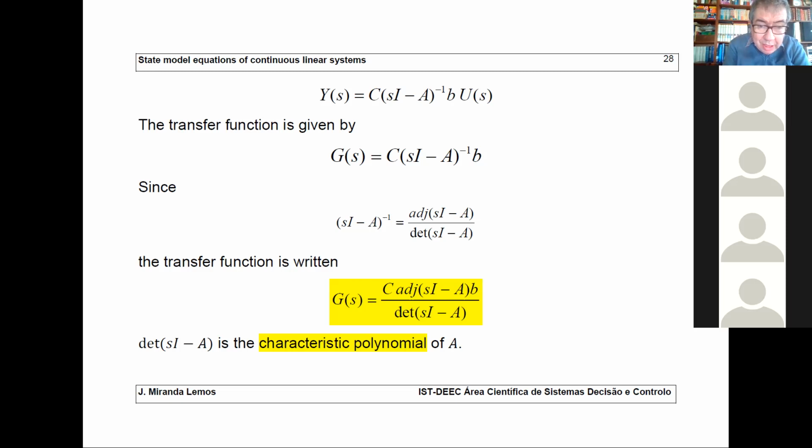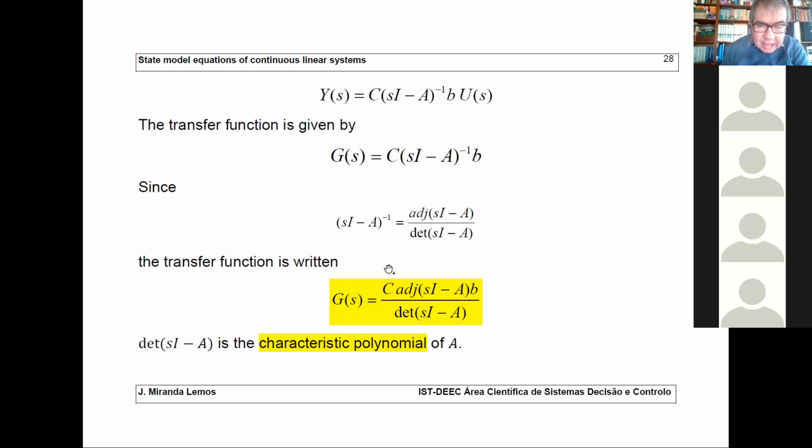Now, what we are seeing is very interesting. The poles only depend on the matrix A, because the poles are the roots of the determinant of sI minus A. So the matrix A is what I used to say determines the personality of the system, whether it oscillates, whether it is stable or unstable, and so on. Now, the zeros depend on all of them.